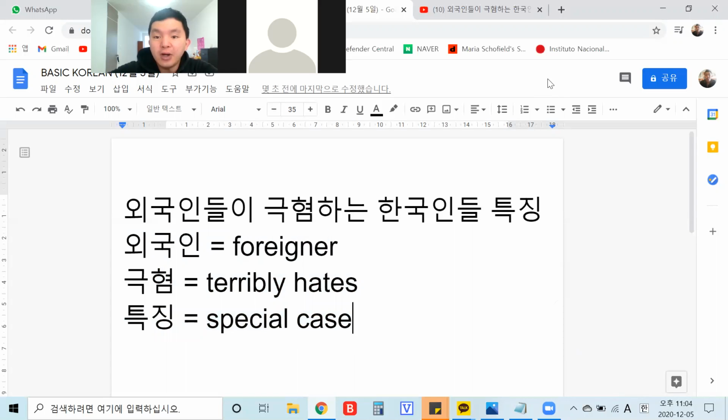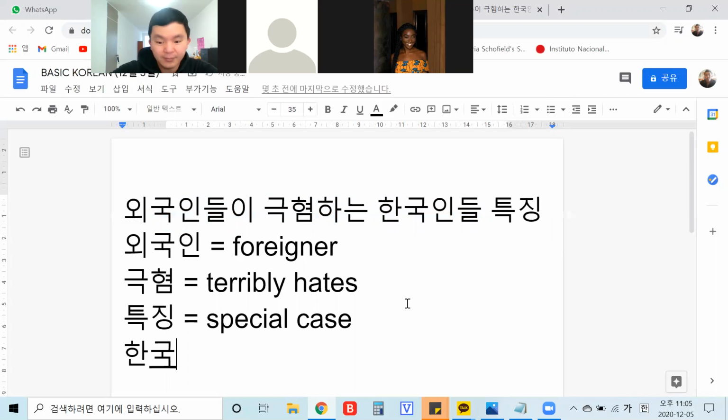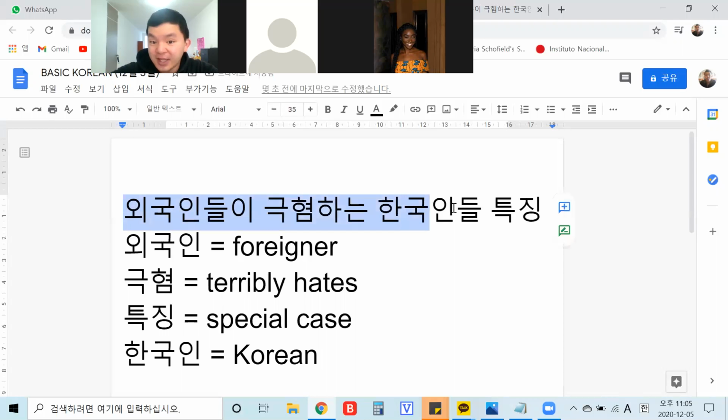Now let me ask Precia, can you put all those together and try to guess what the sentence means? No, just put them together and guess the sentence meaning.